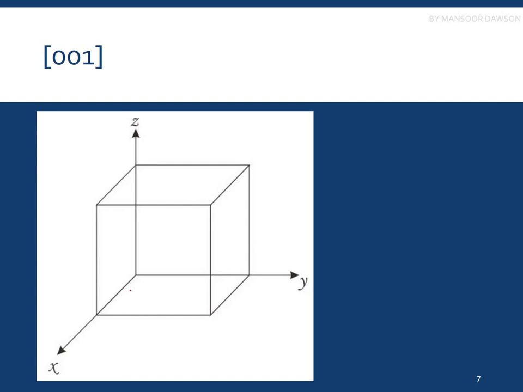Okay, next we have 0 0 1. In this, this is the value of z, so we'll be dragging our arrow to the z point as the value 1. You can see that in this x is 0 and y is 0 as well. You should draw a straight line using this pointer, so it's not very accurate.